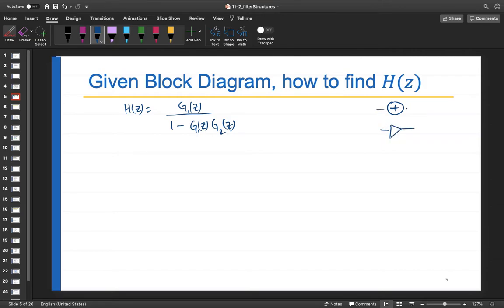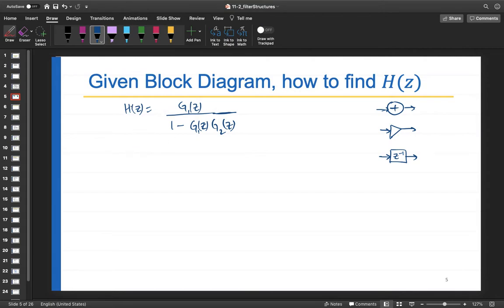We have discussed this before, just a recap, and a delay function, a time delay. And these are the basic components. So these G1(z) and G2(z) consist of these basic components, and we arrange them to formulate an H(z).